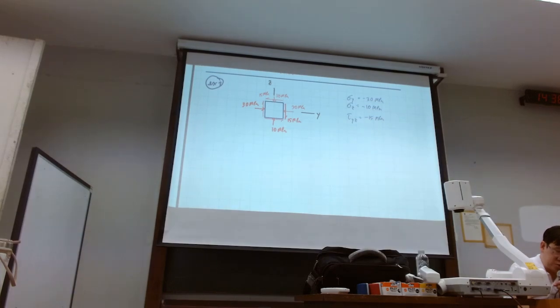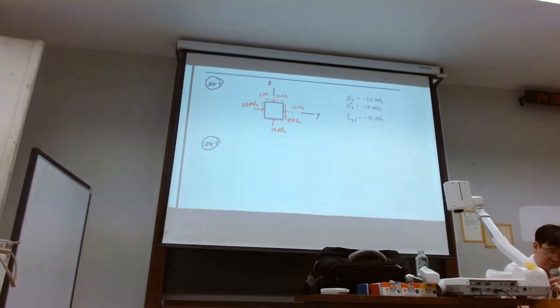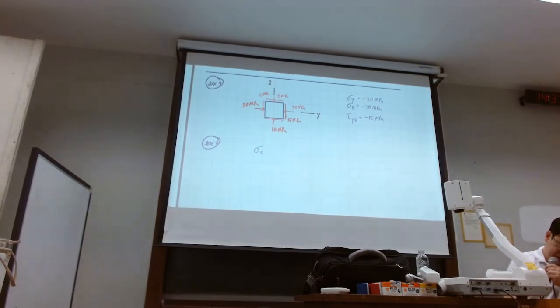You have to be able to go forwards and come back, or go backwards, do the reverse techniques. So if it gives you, for example, sigma x, sigma y, tau xy equal to minus 10 MPa, equal to 20 MPa, equal to minus 40 MPa.